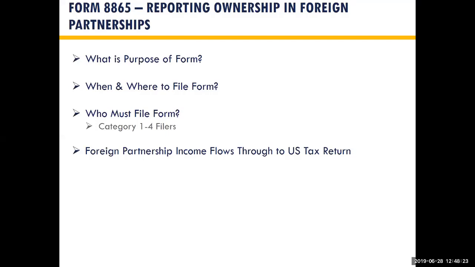This form is also attached with the taxpayer's return each year, and so it's due on the deadline of the taxpayer's return. There are categories 1, 2, 3, and 4, which determine whether or not you have a filing obligation. Category 4 is if you have a reportable event under 6046A, so if you have acquisitions, dispositions, or changes in proportionate interest.